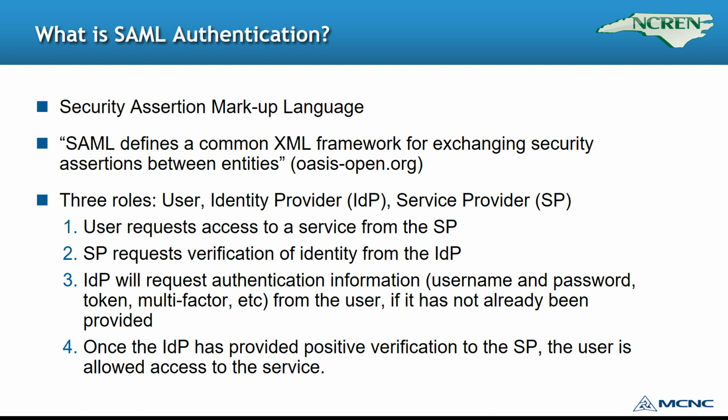Then the service provider will request verification of the user from the identity provider. That identity provider will then request authentication from the user if it hasn't been given through some other means. And then once the identity provider has proven that the user is who they say they are, they will pass on that information to the service provider along with what authorization they have.